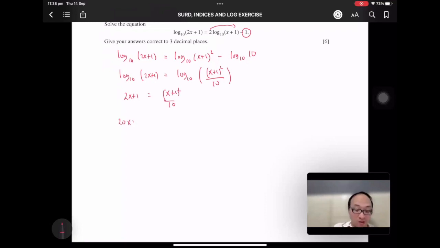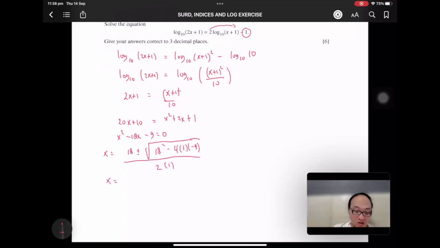So 20x plus 10 equals x squared plus 2x plus 1, where we expand. And then simplify: x squared minus 18x minus 9 equals 0. And then we have to solve this using the formula. So x is 18 plus minus the root of 18 squared minus 4 times 1 times negative 9, over 2a, 2 times 1.